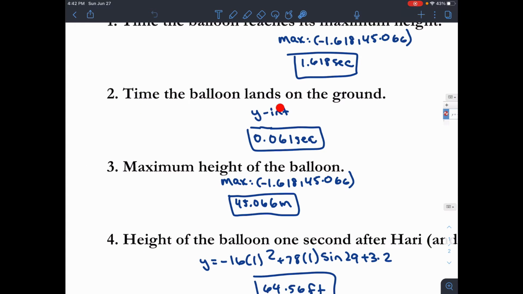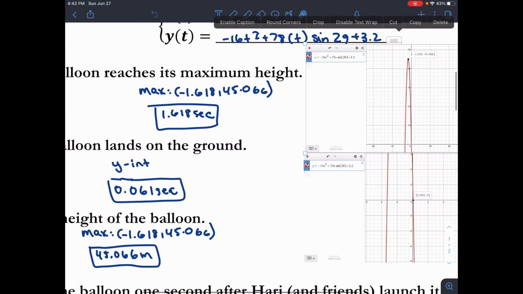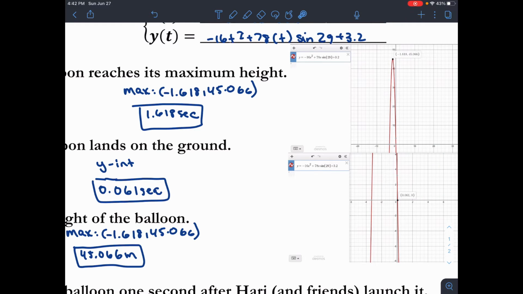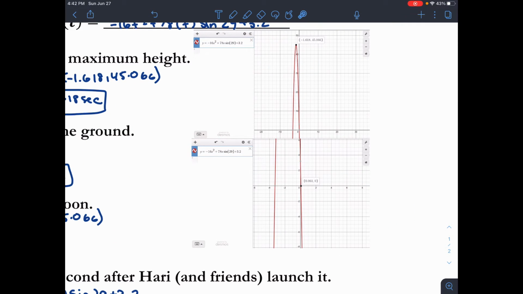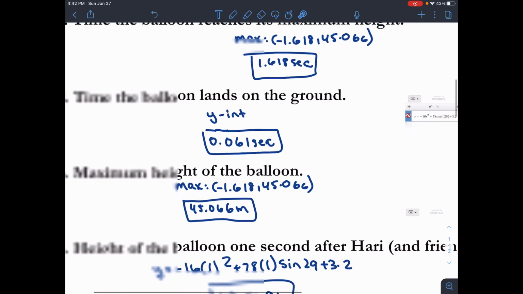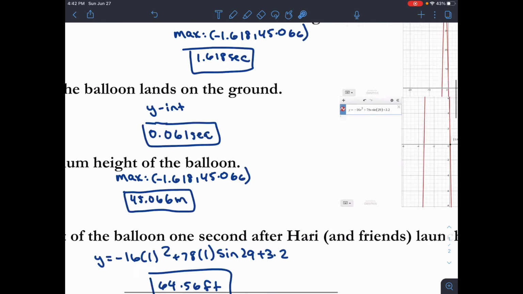Next is the time the balloon lands on the ground. How we find that is we use the same equation, the same graph, and we look at the x-intercept. As you can see, the x-intercept is 6.10.